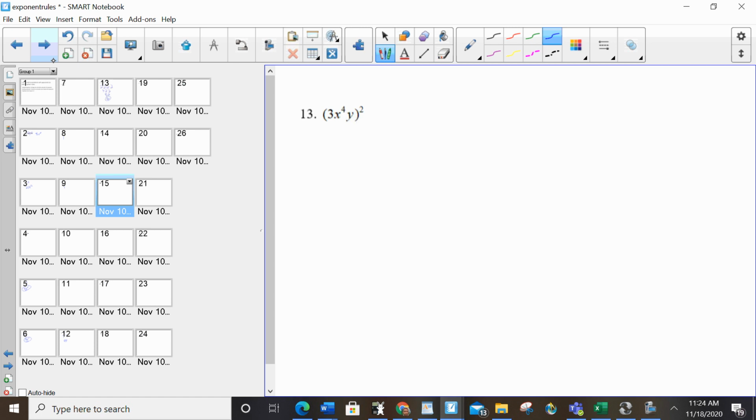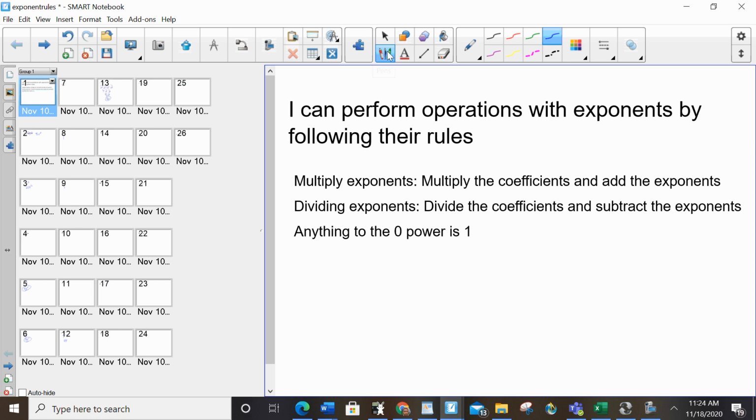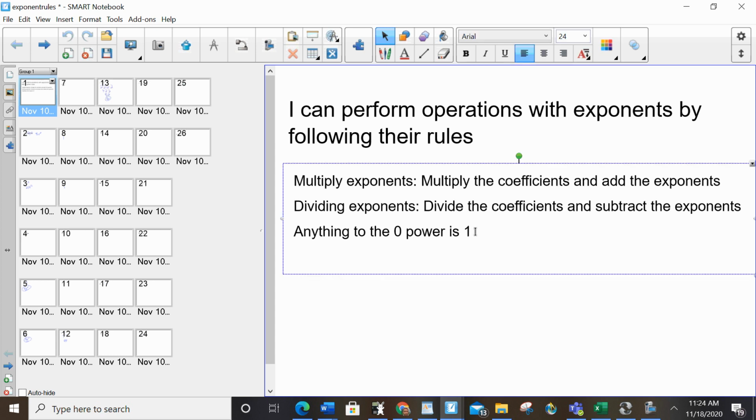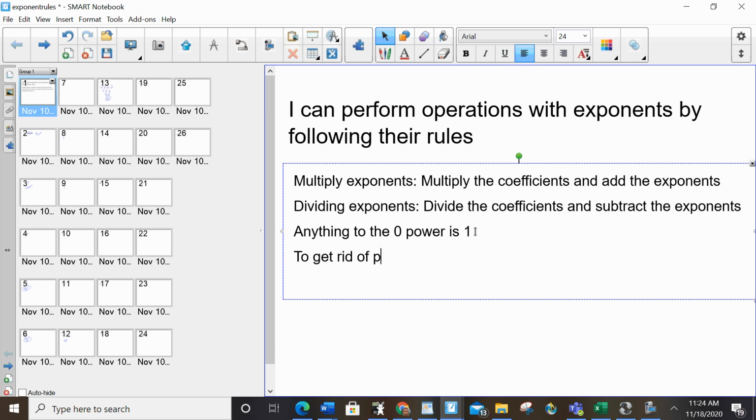All right. When you have an exponent outside parentheses, to get rid of parentheses, give the exponent to everything inside the parentheses.